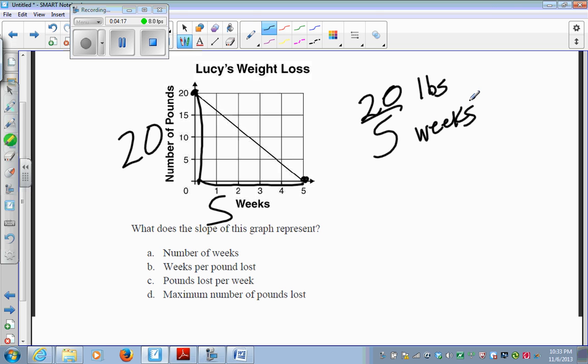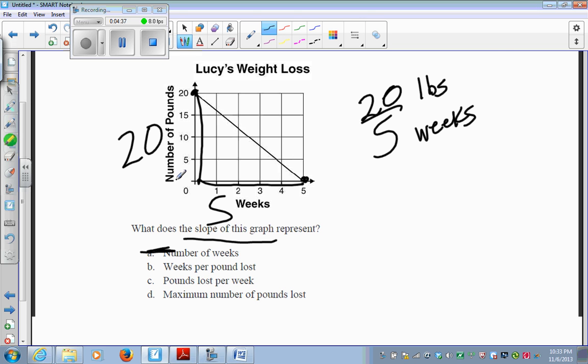So what does that help me represent? It says, what does the slope represent? Just the number of weeks? No, because it means the number of pounds lost per week. So that's not it. Weeks per pound loss? No, that's backwards. If it were weeks per pound, weeks would be on top, pounds would be on the bottom.